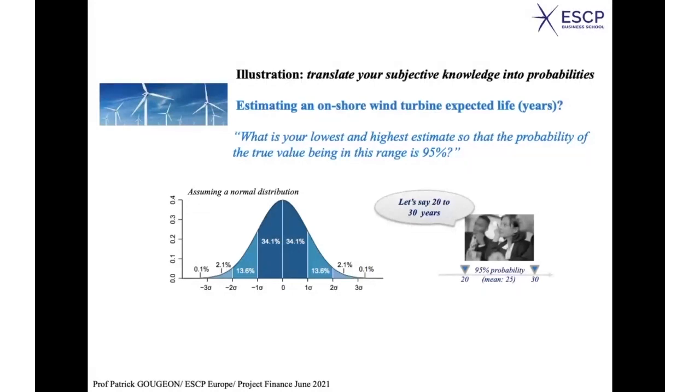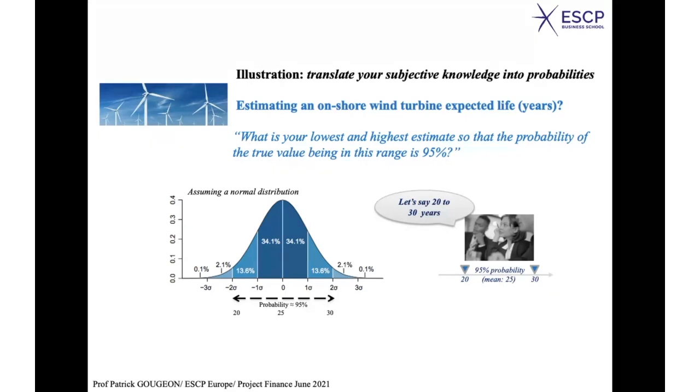If I take 95% probability for this curve, if you start from the center, 0, it is between +2 standard deviation and -2 standard deviation. If you look at it, it's not exactly 95%, but it's close to 95%. If you add up 13.6 plus 34.1 plus 34.1 plus 13.6, then you get something which is very, very close to 95%.